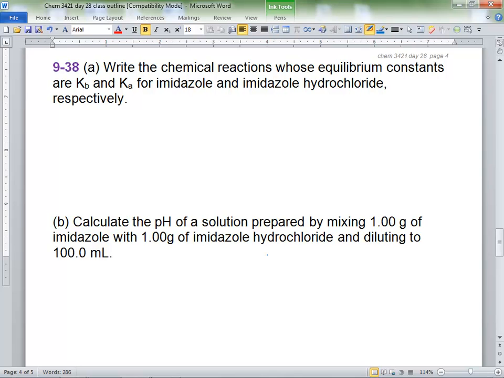Okay, on page AP15 is where imidazole is. Let's do it a different color.